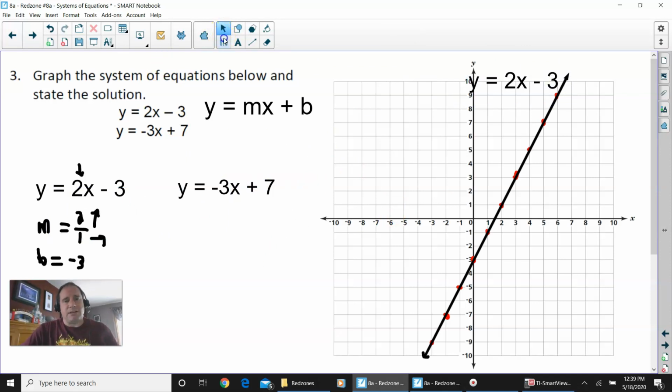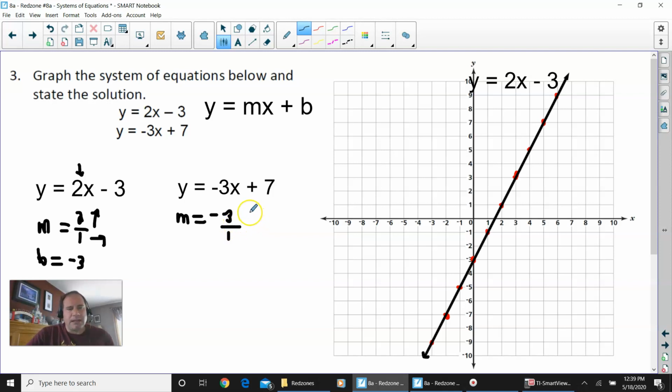So for the second line, you have y equals negative 3x plus 7. So again, I am going to put down the m as negative 3, and I'm going to put that in rise over run format, just like I just said. And then instead of a rise of a positive 3, it's a rise of negative 3.